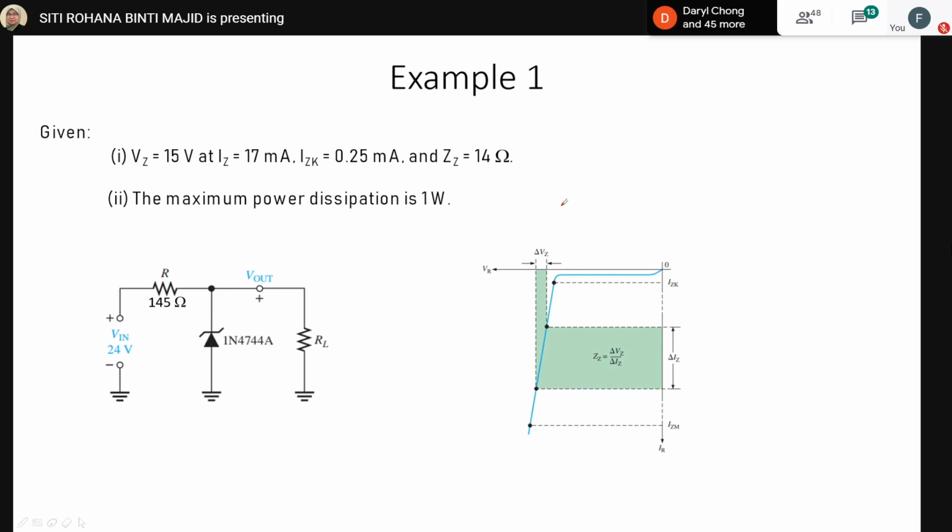You can see where the value IZK can be determined, and then we have IZ, the test current, and also we have IZM. IZM is the Zener maximum current.